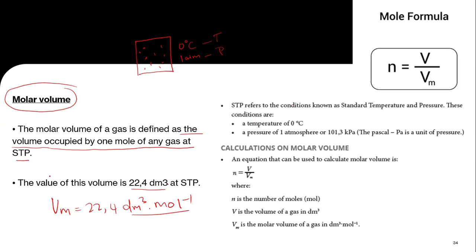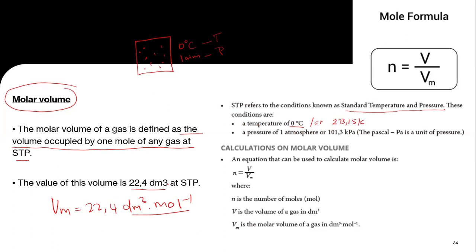So STP, S means standard, T means temperature, and P means pressure. So STP refers to the condition known as standard temperature and pressure. Now, a standard temperature is 0 degrees Celsius. Or if you don't want to use degrees Celsius, we can use units called Kelvin. So the temperature is 273.15 Kelvin.